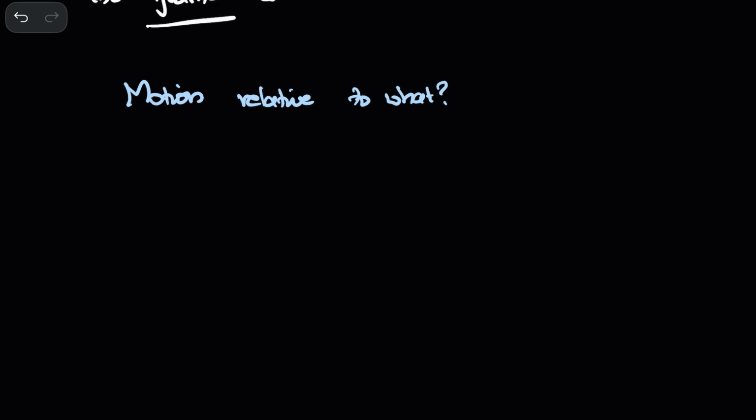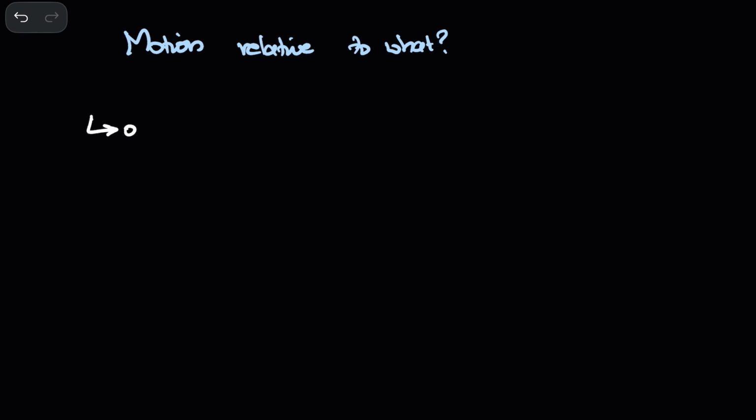For now, the important point is that the description of every motion needs a measuring background. It would need an origin, it would need a direction, and a clock.